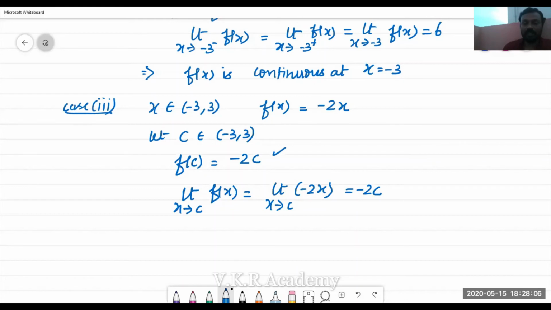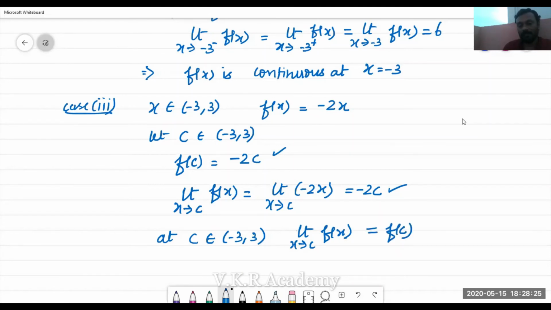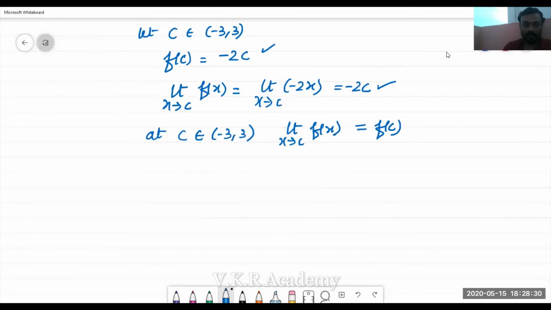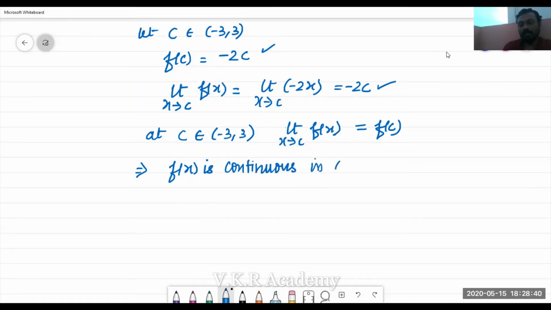So function is defined, limit exists, and they both are equal. Therefore, for all the points in the interval minus 3 to 3, limit x tends to c, f of x exists and is equal to f of c. Therefore, f of x is continuous in minus 3, 3.